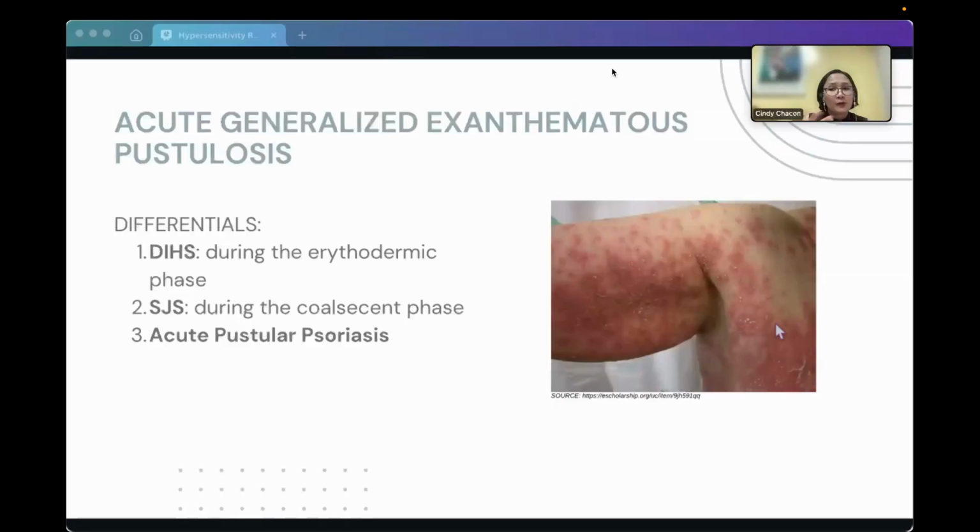Usually, pag AGEP, superficial lang. As compared to SJS, the full thickness talaga yung detachment and the mucosal involvement as well. And then you have your acute pustular psoriasis as well. Skin biopsies may help in differentiating SJS and acute pustular psoriasis from your AGEP.